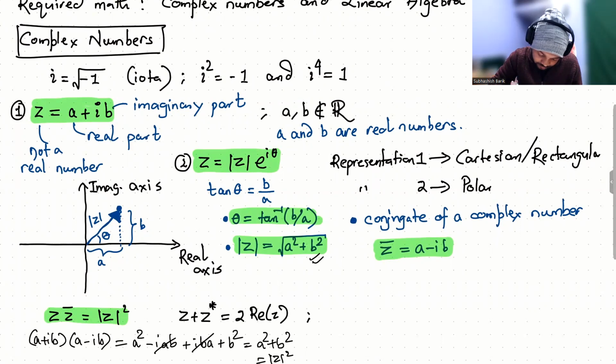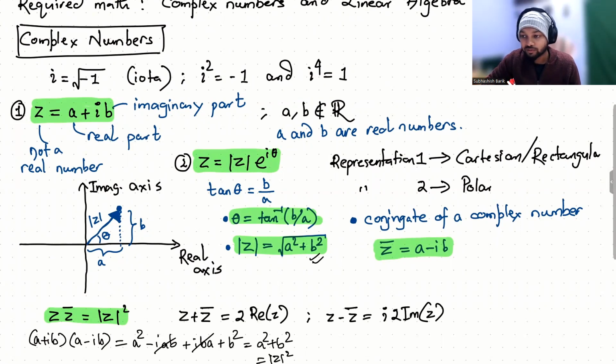And if I take z minus z bar, then it becomes i times 2 times the imaginary part of z. So if you want to calculate the real part and imaginary part of z, then you could also write that the real part of z is nothing but z plus z bar.